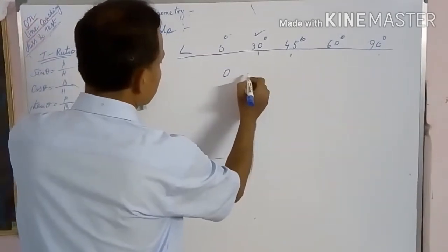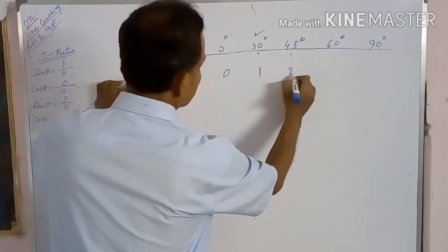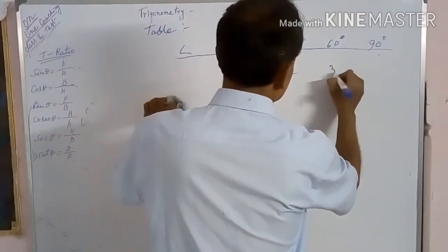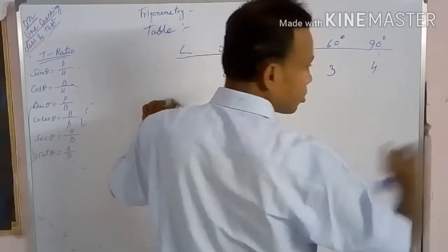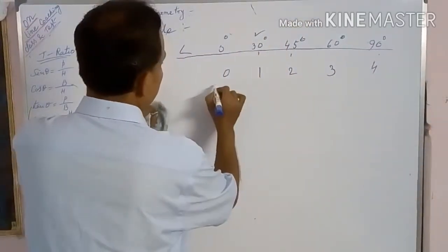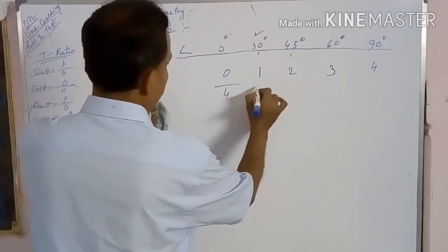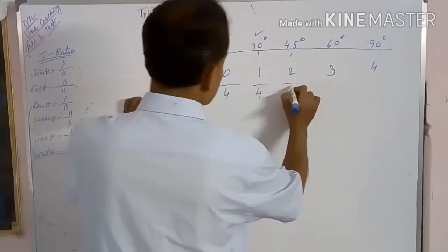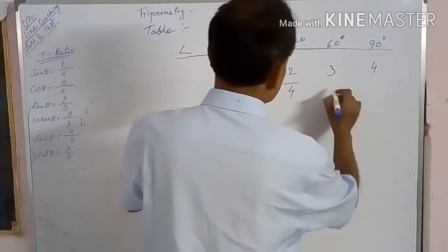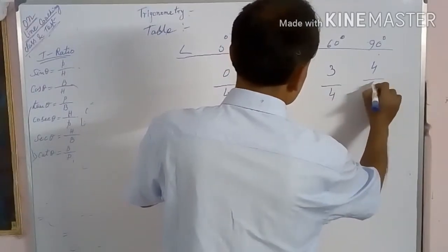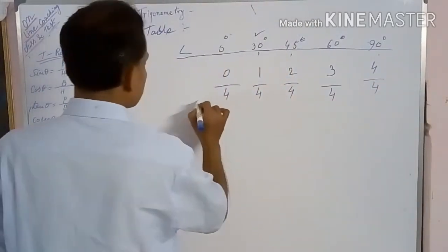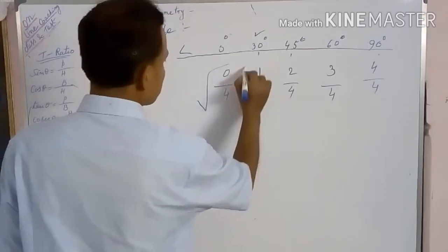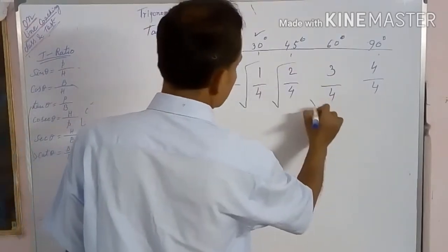Write 0, 1, 2, 3, 4. Divide each of the terms by 4 and take the square root.